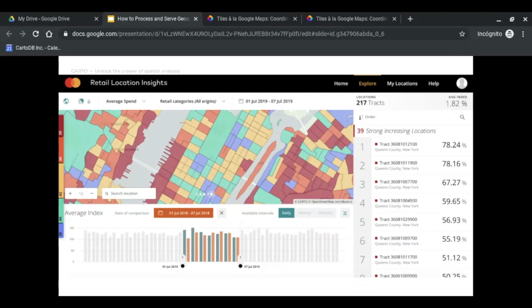So the first thing that we did, for creating this kind of time series data sets, is create some rules to reduce the amount of data that the user needs to ask. For example, if we have data per day, we are not going to let the user ask for more than 60 days. If you want to ask for more than 60 days, we are going to jump to a weekly aggregator.